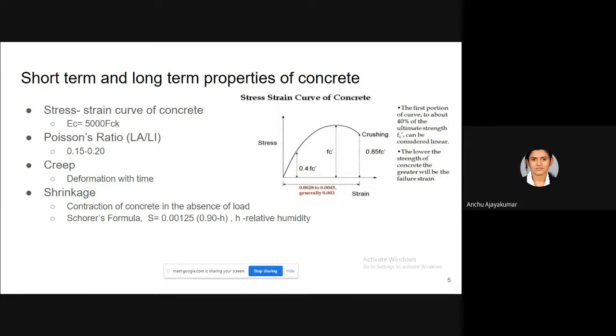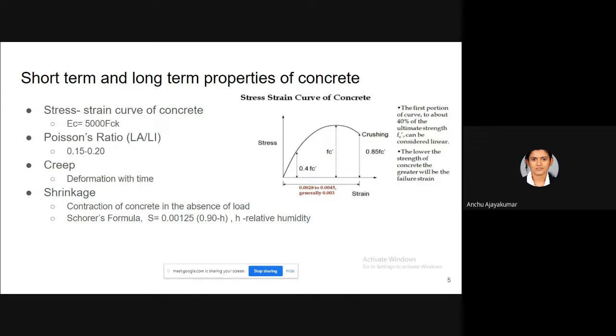And what is creep? It is the continued deformation with time under applied load. We are continuously applying load to a concrete, and during the course of time, it shows a deformation. That deformation is defined as creep. This creep is not a deformation which is suddenly observed.